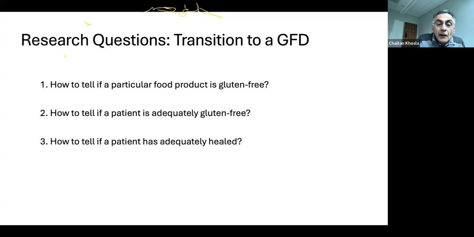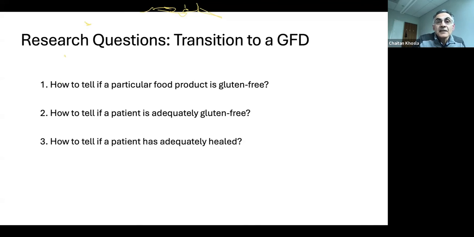In terms of how to tell if a patient has adequately healed, the current gold standard, as Dr. Jericho and Fernandez-Becker will tell you, is to do a repeat endoscopy on a patient a few years into their disease and see if they have healed adequately in the small bowel.